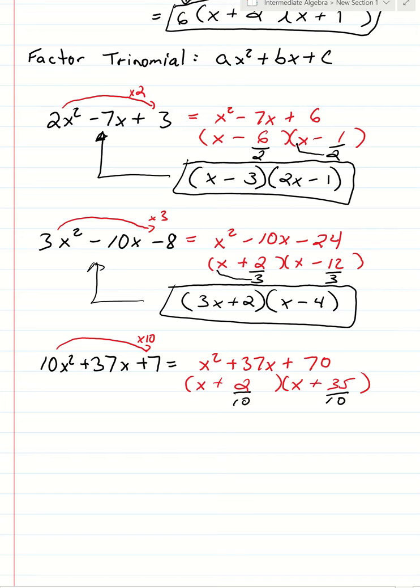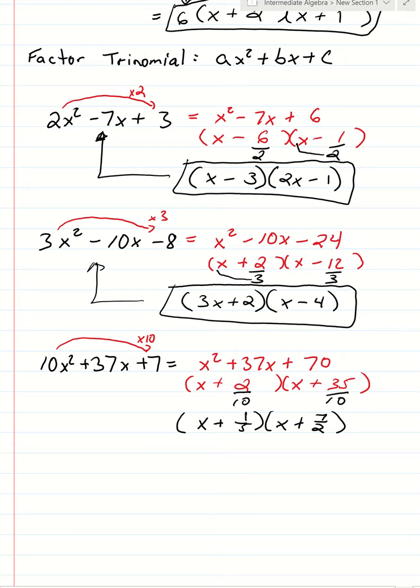And then we'll once again look to simplify. x plus, well, 2/10. 2/10 can simplify into an equivalent fraction of 1/5. When we have the x plus 35/10, once again, 35/10 can also be written as the simplified fraction of 7/2.